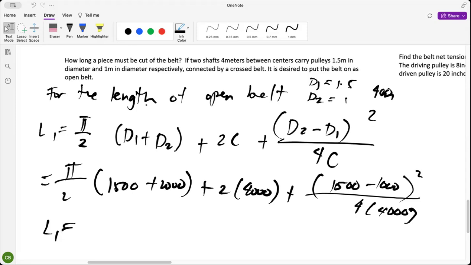So we will have 11,942.625 mm. So this is for the open belt.